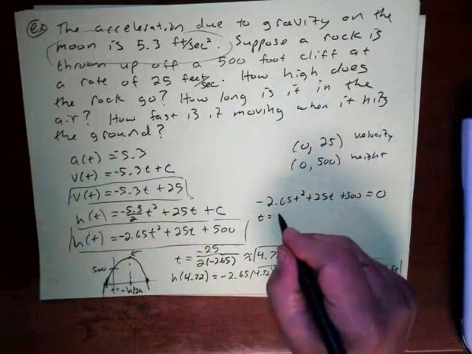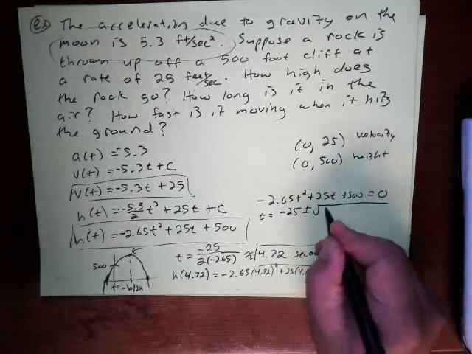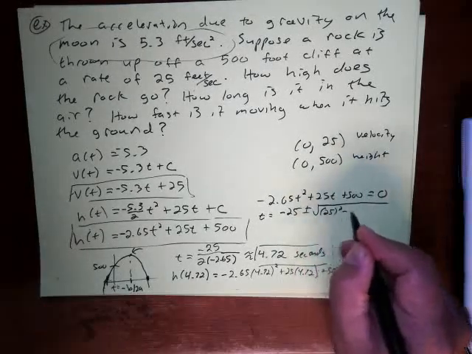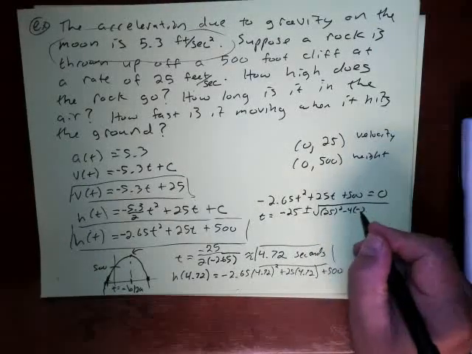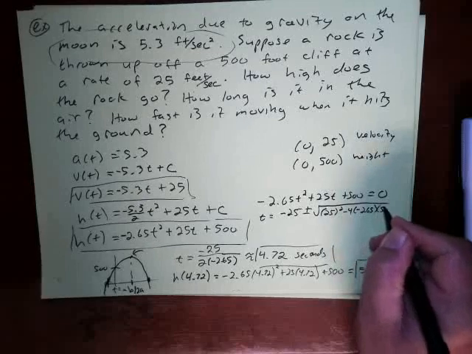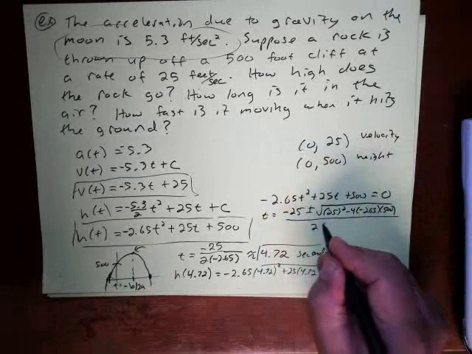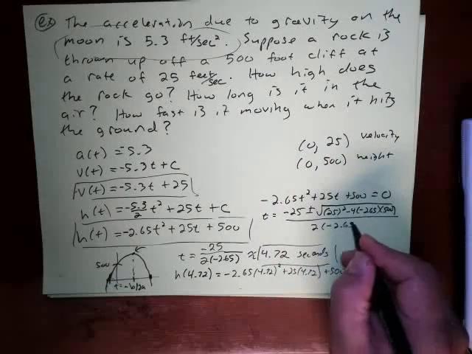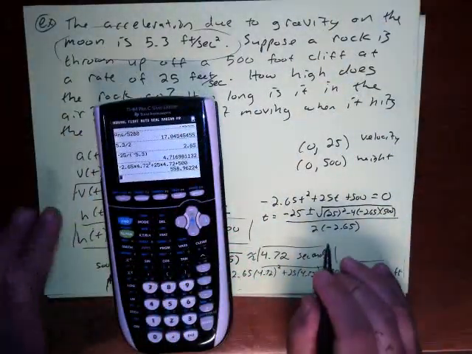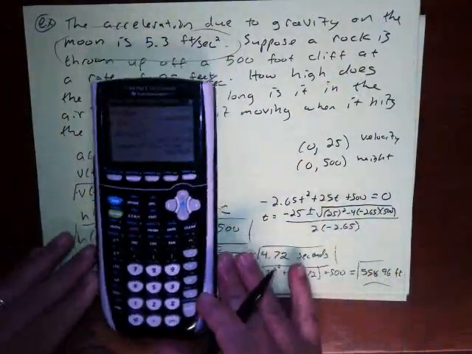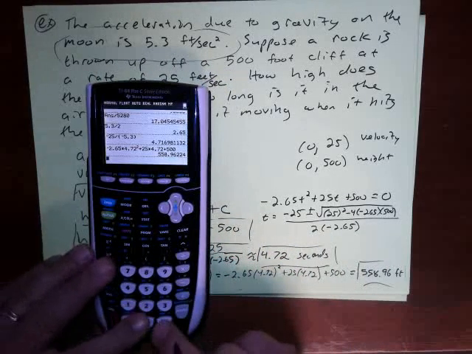So the opposite of b, so negative 25 plus or minus the square root of 25 squared minus 4ac, so a is negative 2.65 and c is 500, all over 2 times negative 2.65. So now I'm going to plug this in here.